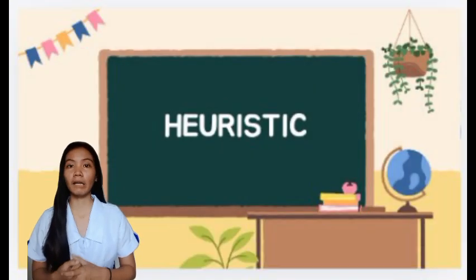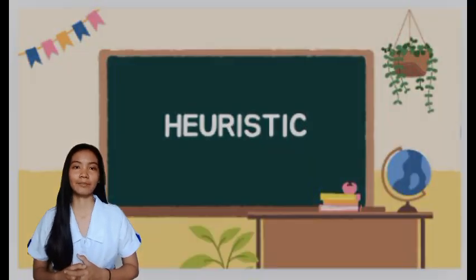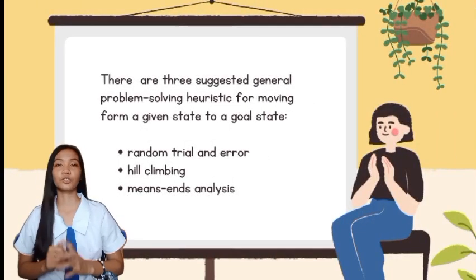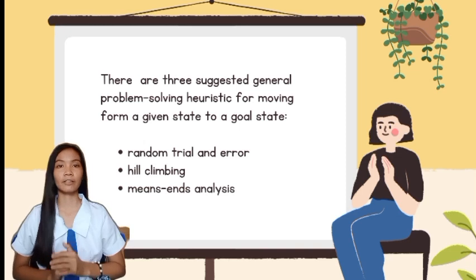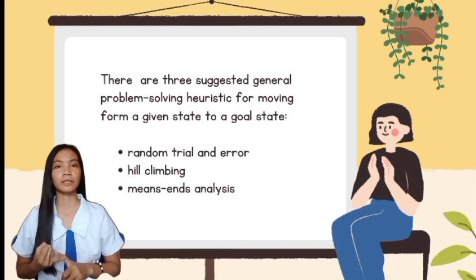Heuristic is being able to learn on your own through what we see or read. There are three suggested general problem solving heuristics for moving from a given state to a goal state. First, random trial and error. Second, hill climbing. And third, means ends analysis.